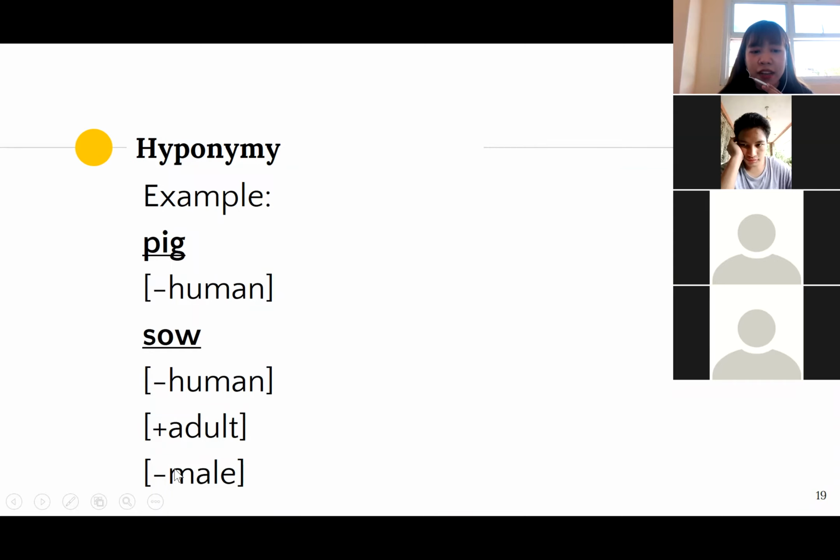And minus male because sow is a female pig, as we said in the definition. It can also be plus female. So it's either minus male or plus female, either of the two is correct. So this is an easier way to identify your hyponym and your superordinate. Although your hyponym shares similar characteristics with your superordinate, it has additional features that the superordinate does not have.